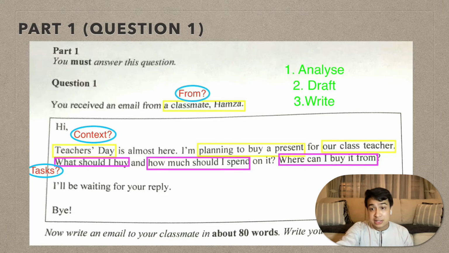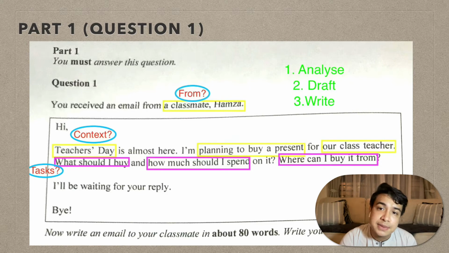So this is the question. Take a look at the three steps that I provide you on the top of the question here. Okay, there are three steps here that I wrote. Firstly is to analyze, second is to draft, and the third one then you can write.